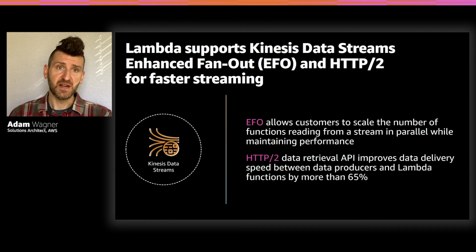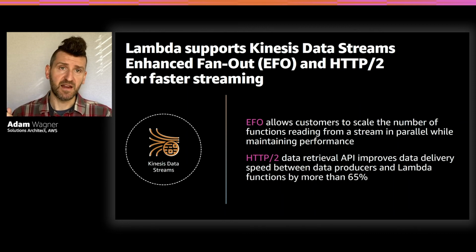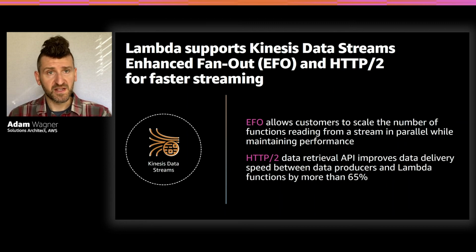The other thing that it does is, instead of that Lambda service polling the Kinesis Data Stream once a second to get new records, it actually makes an HTTP2 connection and records are pushed to it as they're available. We see this reduce that overhead latency by over 65%. So if latency really matters to you in your streaming data processing with Lambda, this is a good option to use with Kinesis.